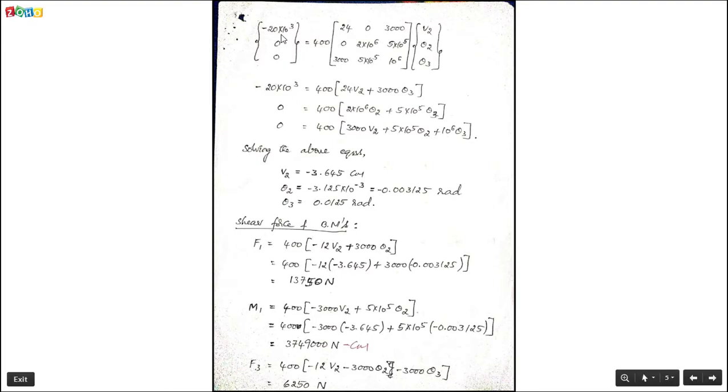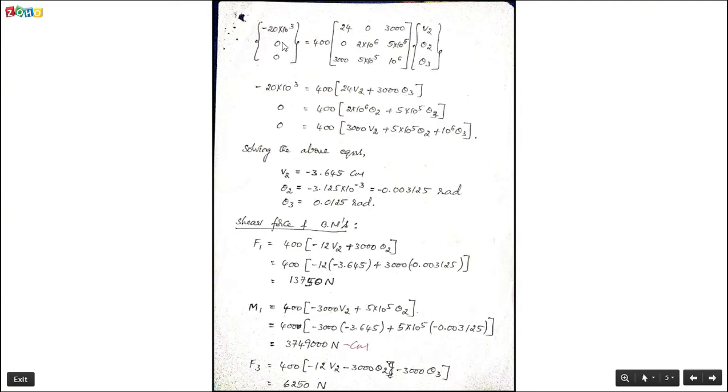Here this matrix form is converted into equation form. First equation: minus 20 into 10 cube equals 400, so first row: 24 into V2, 0 into theta 2, 3000 into theta 3. That is the first equation.